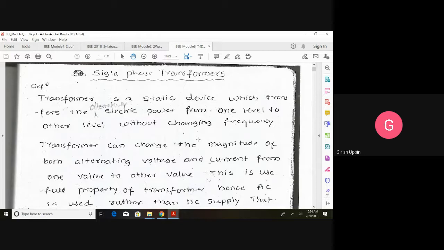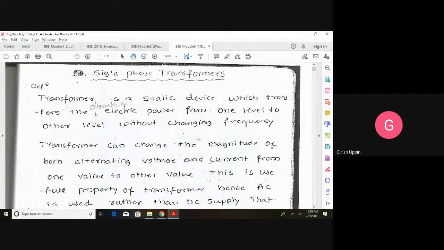A transformer is a most essential and important machine in the power system, and we require transformers everywhere, starting from the generation until the point of consumption. Everywhere we have to transform the power level from one level to another level, and that is achieved using the transformer. Normally the voltage generation happens at 11 kV, 33 kV, and 66 kV, and the transmission is done at a very high voltage, 220 kV, or 660 kV, 1100 kV.